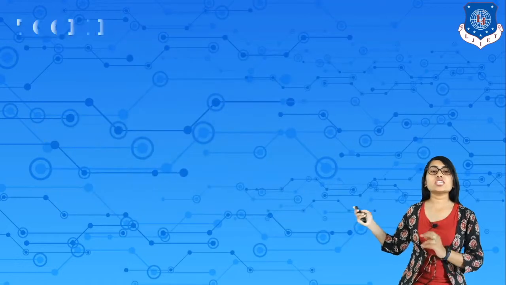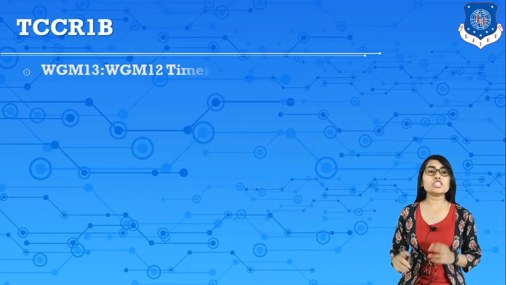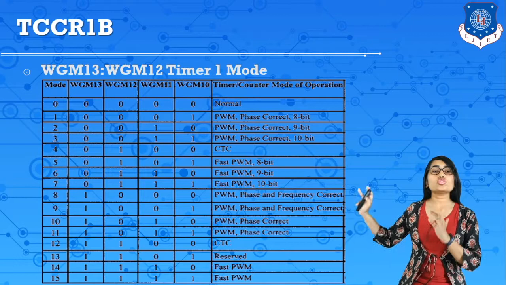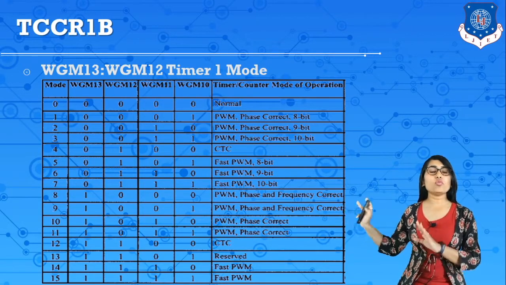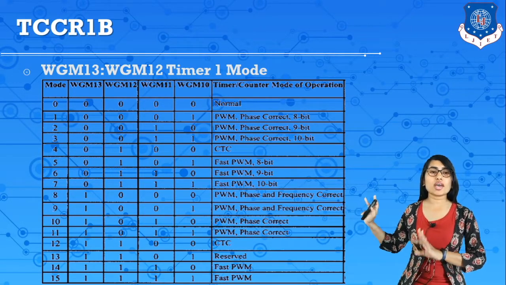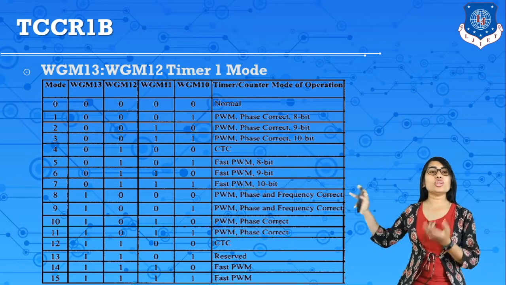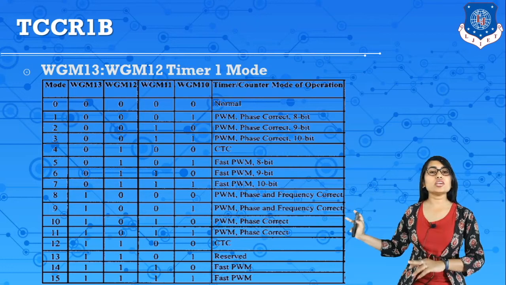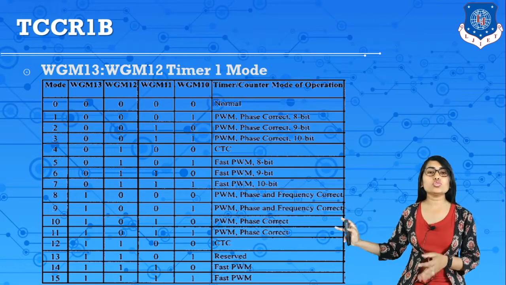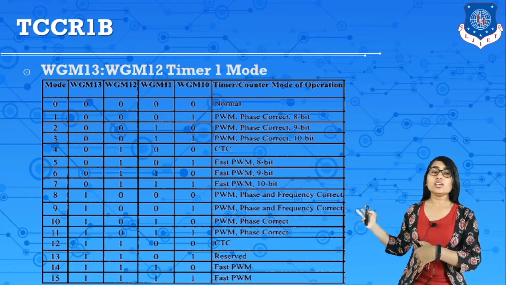And next are the WGM bits. Here we have a table. In Timer 1 there are so many modes. WGM13, WGM12, WGM11, WGM10 are used to select a total of 16 modes.